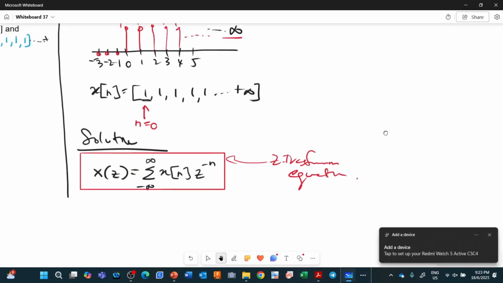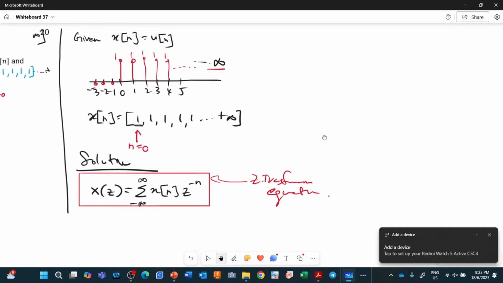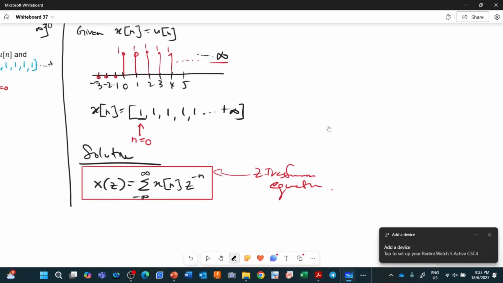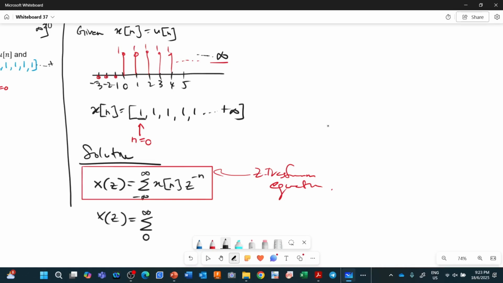If you look at the plot that you have, we are going to substitute the value. So X z is equal to the summation starting from n equal to 0 until infinity, because the signal has value from n equal to 0.